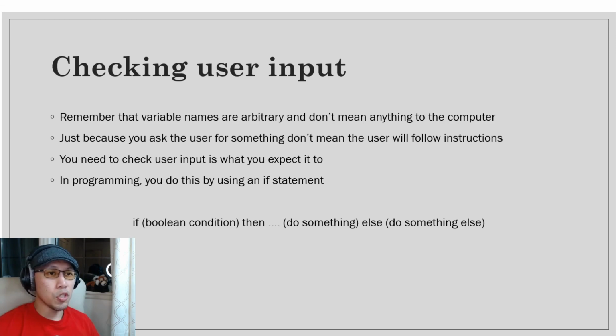This is only checking user input. Repeating the process and asking the user to give a correct value is yet another process that you're gonna have to learn, and probably you're gonna have to learn using loops in order to do that. Okay, but that's for another day.